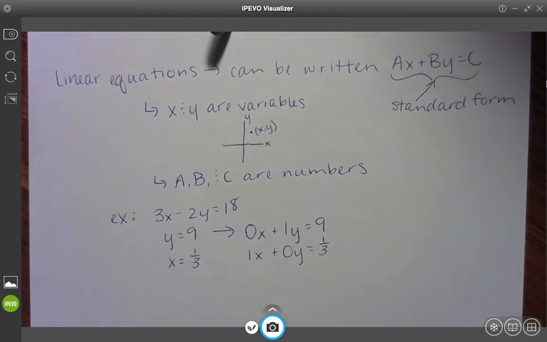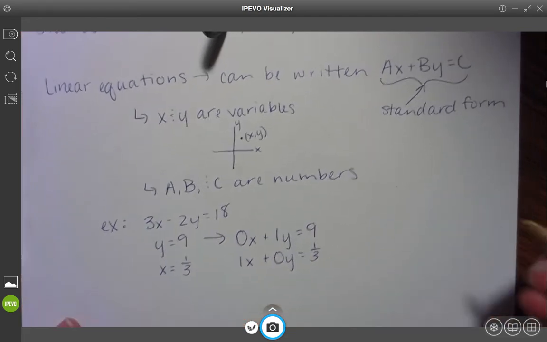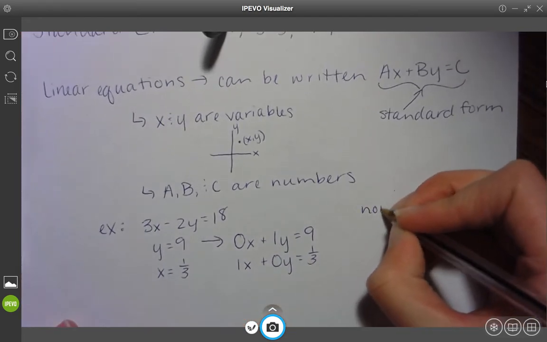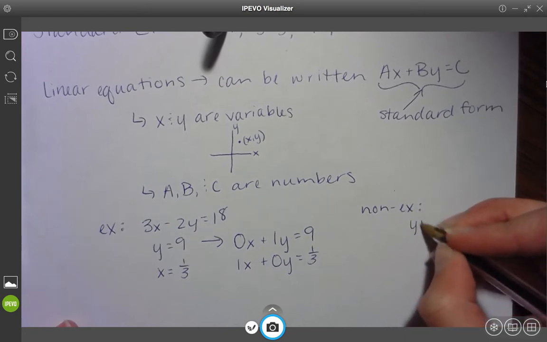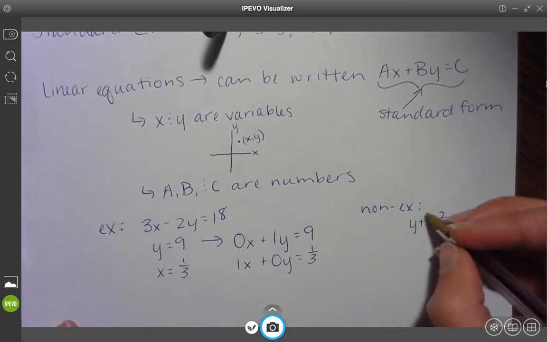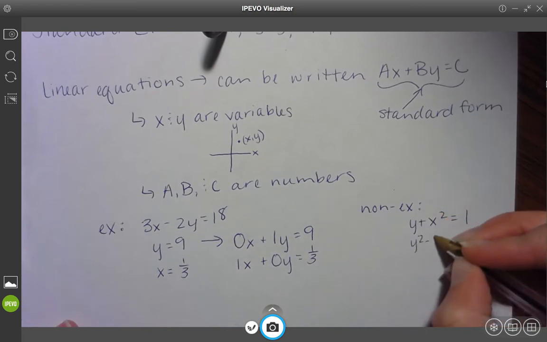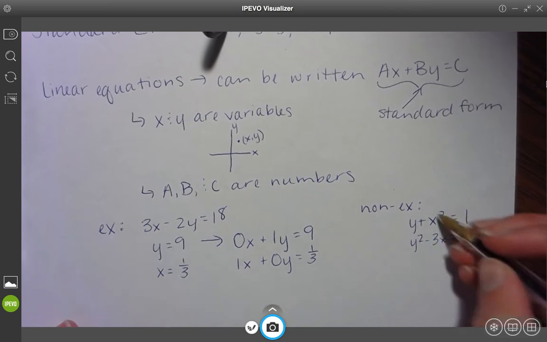With linear equations, you're not going to see, so let's write it like this, non-examples. You're not going to see any squares. No squares on the y's, no squares on the x's.